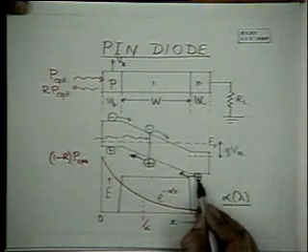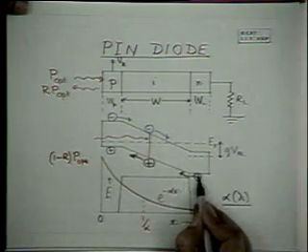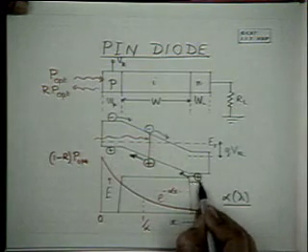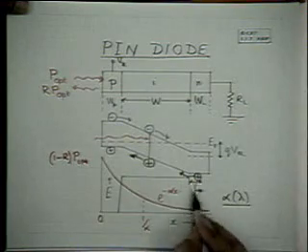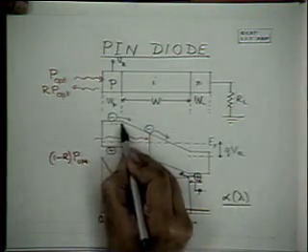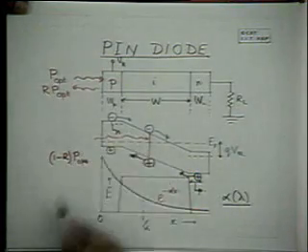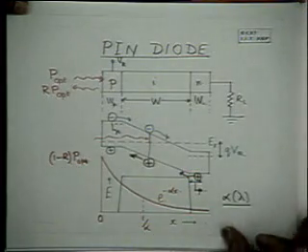So the carriers that are created in the N and the P regions move due to diffusion. This must be within the diffusion length of holes in the N-type region, and here for the electrons, this must be within the diffusion length Ln of the electrons in the P-type region.